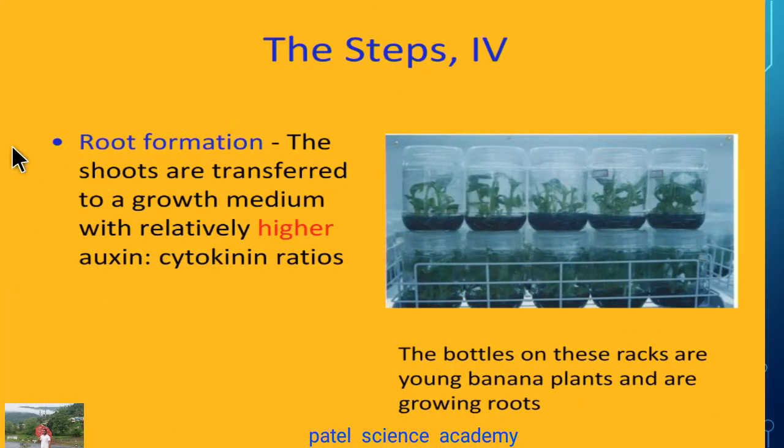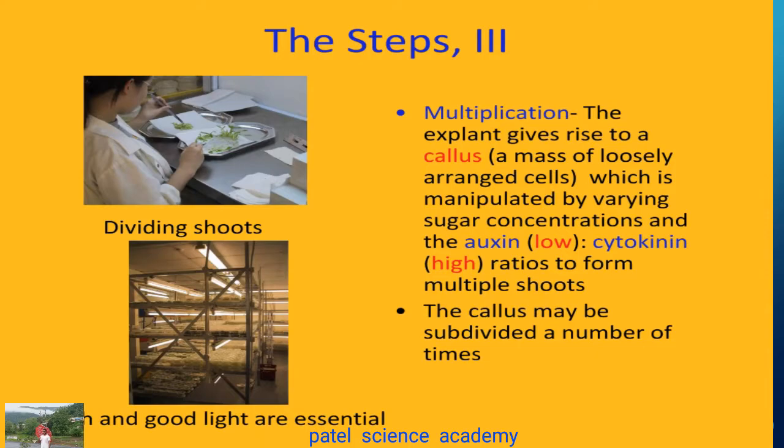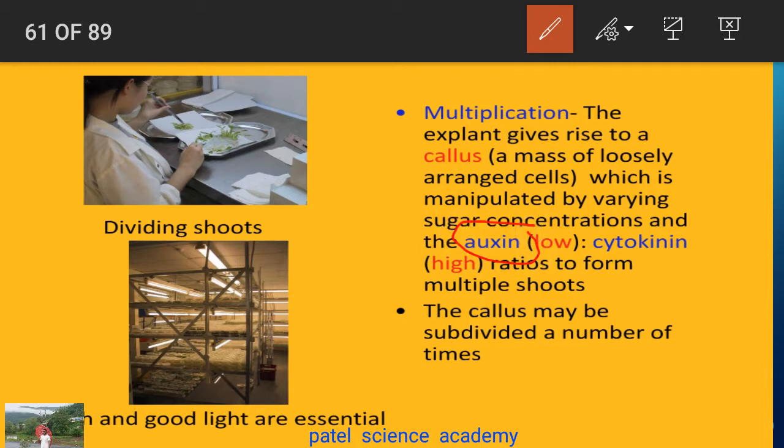Step number 4 includes the root formation. The shoots are transferred to a growth medium with a relatively high auxin to cytokinin ratio. So dear students, in the previous slides I showed you the concentration of auxin and cytokinin was like that: auxin low and cytokinin high.